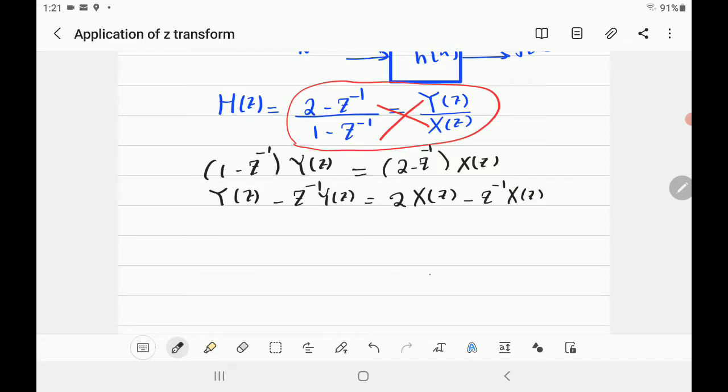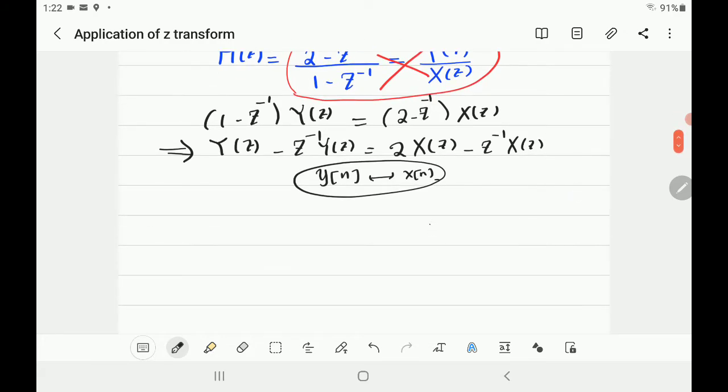So this equation is in the z domain. The difference equation should be a function of n. It means you have to find the relationship between y of n and x of n. That's the difference equation. So obviously we have to convert each term from the z domain into the n domain. How do we do that? There is an important property that's going to help you in the z-transform.